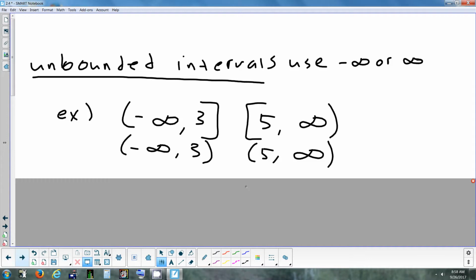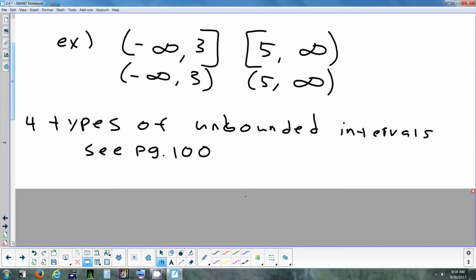Right, if you have an infinity, you've got to have a parenthesis, which means it can't be fully closed. Good. They show the same kind of thing in your book on page 100, what it would look like if you were to graph on a number line. Big difference when you're graphing an unbounded interval is there's an arrow. It goes on forever. Bounded intervals have a start and a stop.